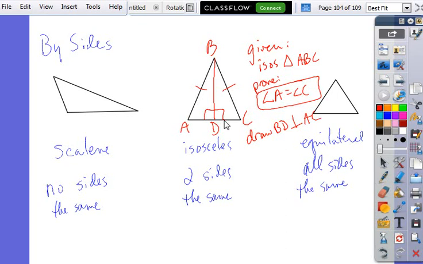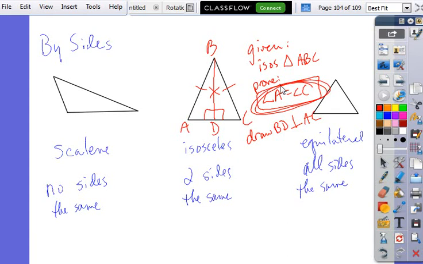Side AD equals DC, because BD bisects. And I already got side BD equals BD because of reflexive, and now the triangles are the same because of hypotenuse leg. And if the triangles are the same, then I can say A equals C because of CPCTC.